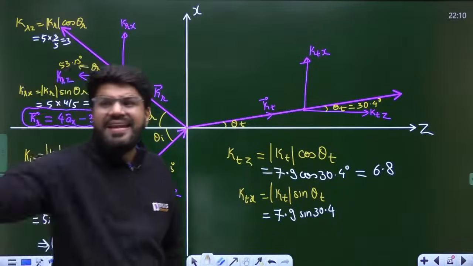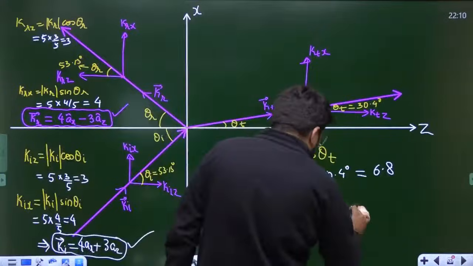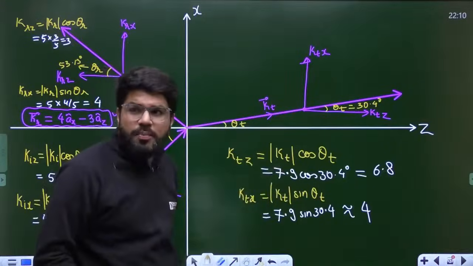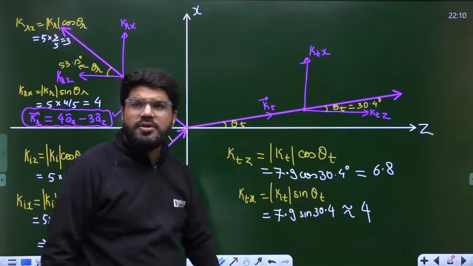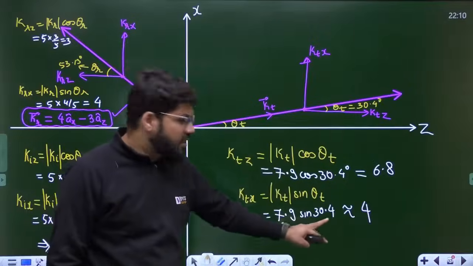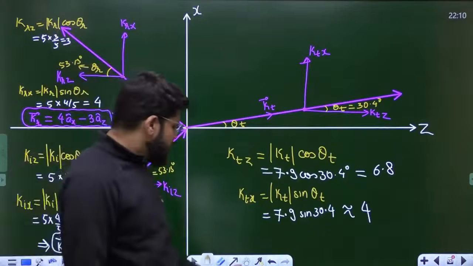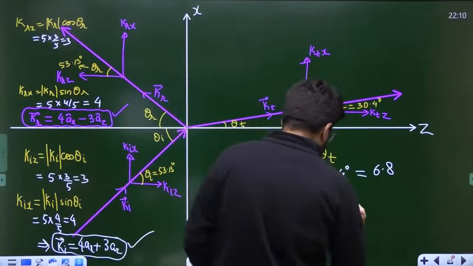This is 3.997, which is approximately 4. If you use the exact value, this 7.9 is also approximate, 30.4 was also an approximation. If you use the exact values, this is going to be exactly 4. Right now also approximately 4 has come, not an issue.